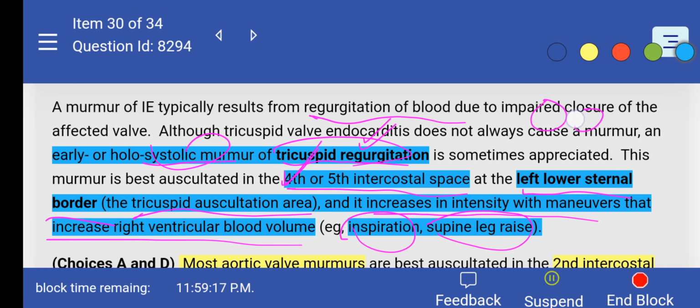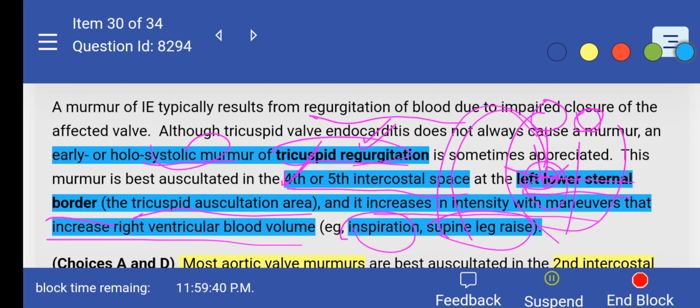Let me explain this for you. If there is a tricuspid valve problem, and we are increasing venous return, then stroke volume would be increased. Then we are increasing more pressure on this area, which is not good for these damaged walls.